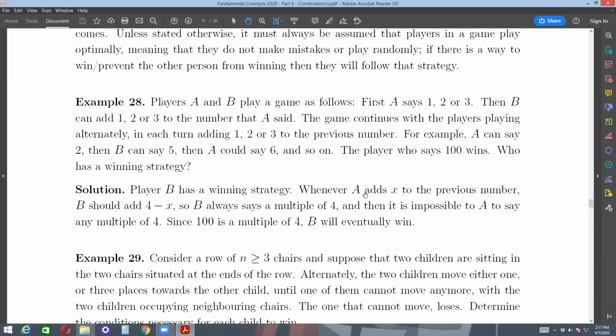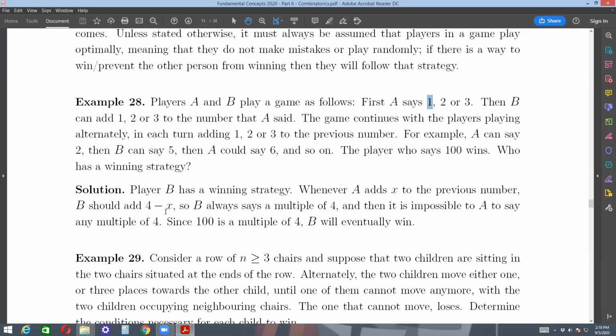Suppose A added X in any turn, then B could always add 4 minus X. Then after the two of them played, 4 is added to whatever was there from the round before. For example, if A says 1 at the start, then B says 3. If A says 2, then B says 2. If A says 3, then B says 1. At the end of the first round, the number will be 4. And then it keeps going.